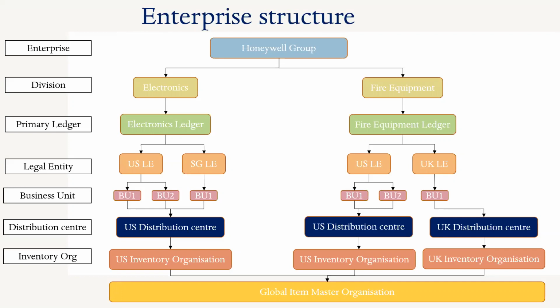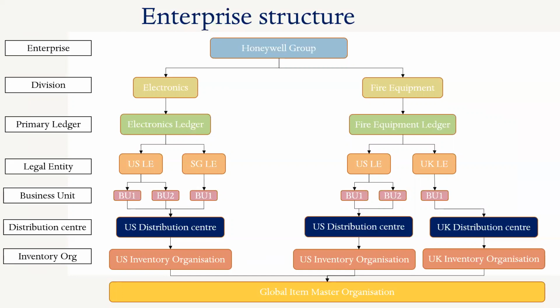Division is nothing but our line of business. Let's say we have 10 different lines of business for one company: electronics, fire equipment, and sensors. We can define each line of business. Under each line of business, we might have different legal entities working for it.